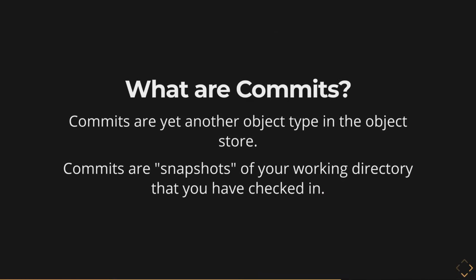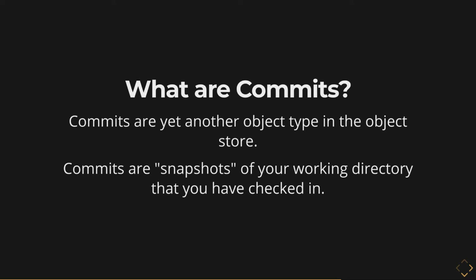So we've talked about commits now, and commits are yet another kind of object that we find in the object store. Commits can basically be thought of as a snapshot of the working directory, or better yet, maybe we should say the files that you've added to the index, the files that you've made Git aware of and that you've checked in.